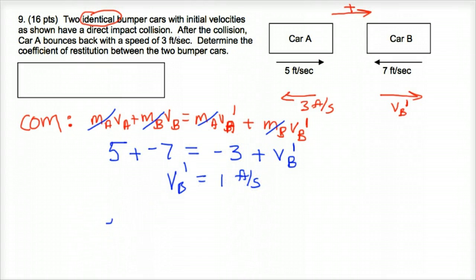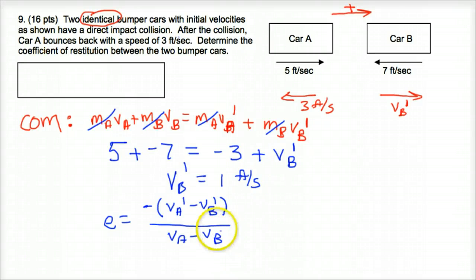Alright, and then we have an equation for coefficient of restitution: negative, however we want to write it, VA prime minus VB prime over VA minus VB. So just be careful with signs and labels and everything. So it's going to be minus.